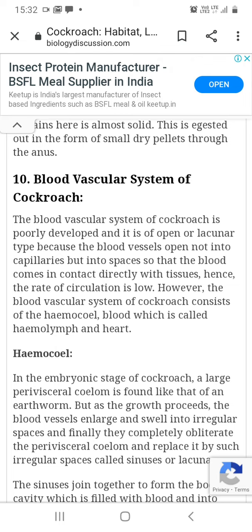However, the vascular system of cockroach consists of hemocoel, the blood which is called hemolymph, and the heart.